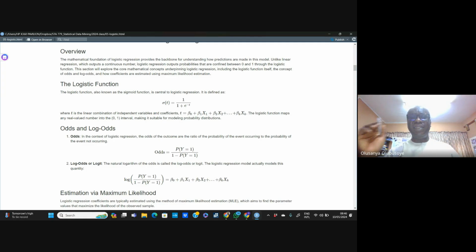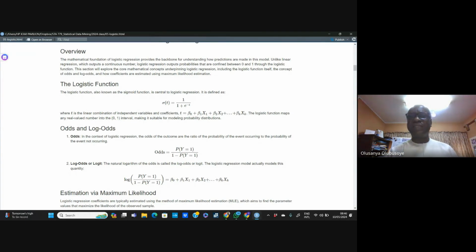And the t there is the linear combination of the independent variables, which is expressed as t equals beta naught plus beta 1 x1, the linear combination of the predictors, the explanatory variables.